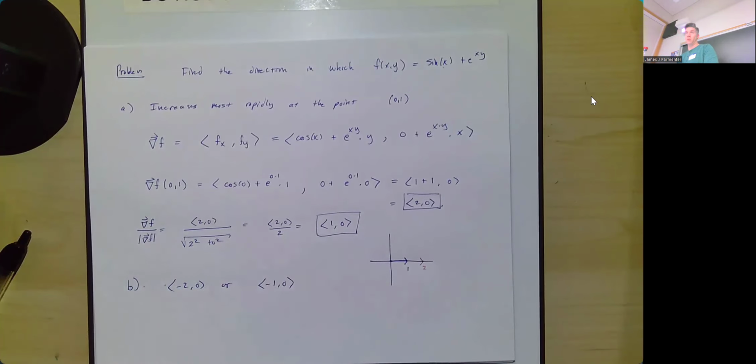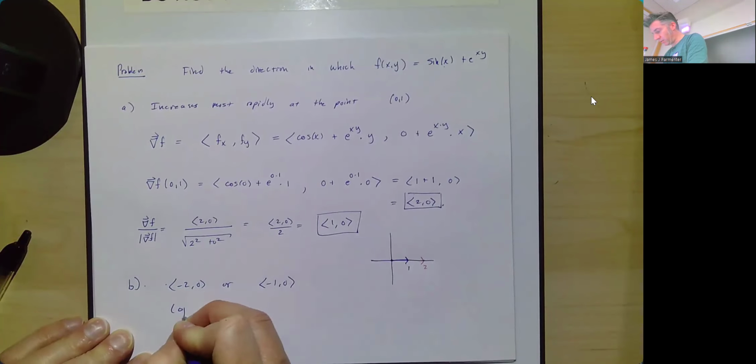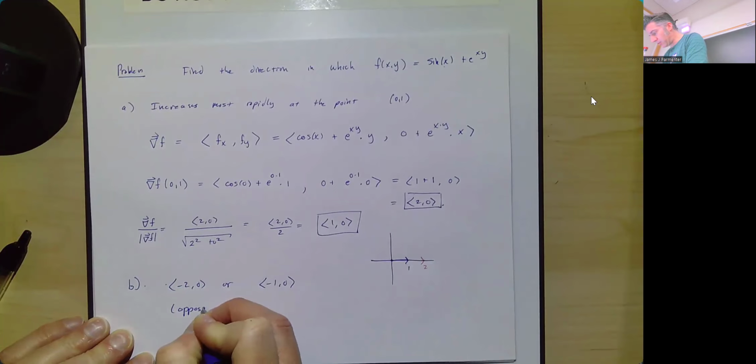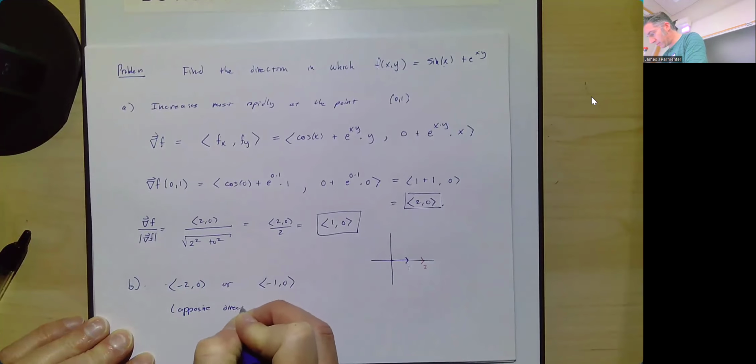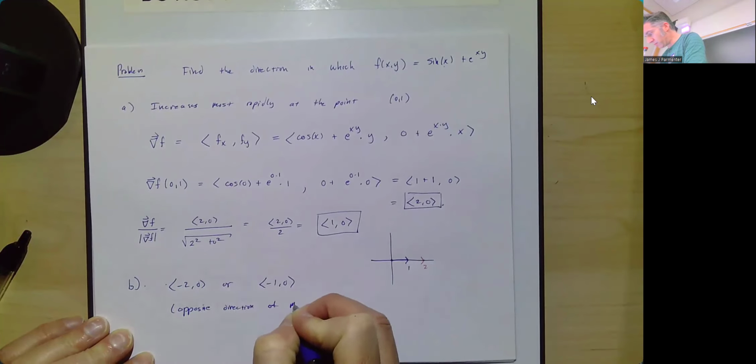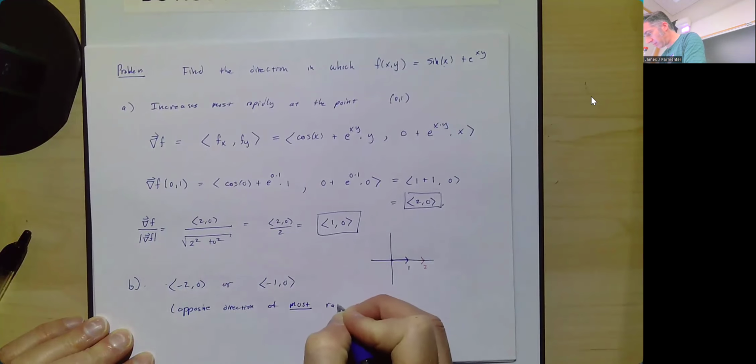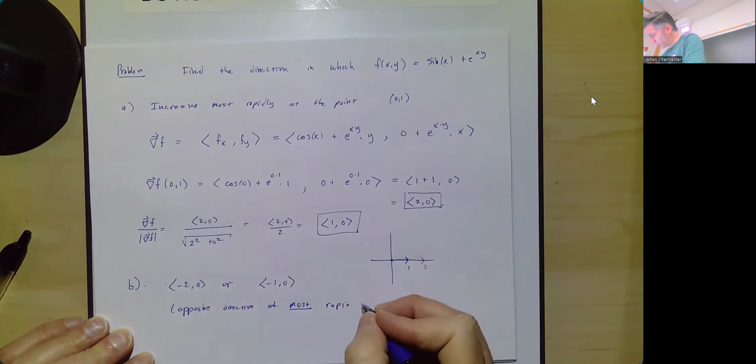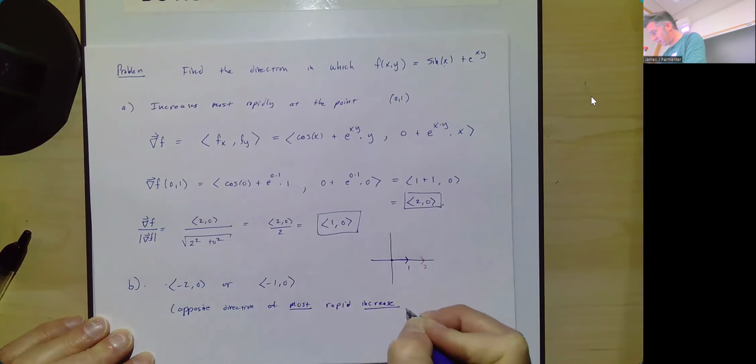You're just multiplying your entire answer to part A by -1. I would even write the words opposite direction of most rapid increase. I should actually really be underlining the increase part there because that's what it's the opposite of.